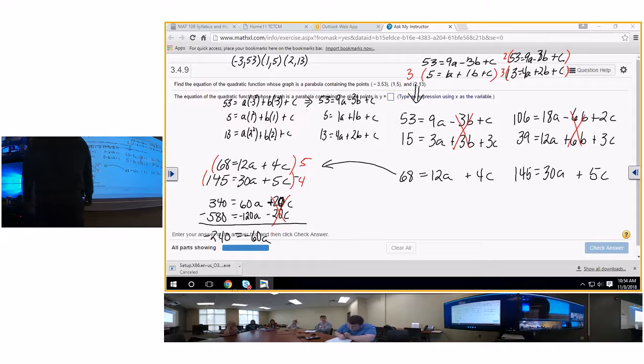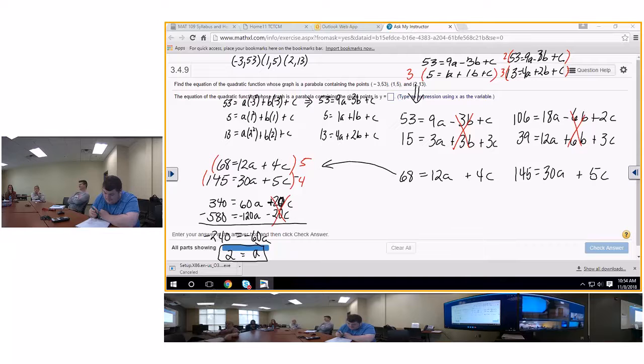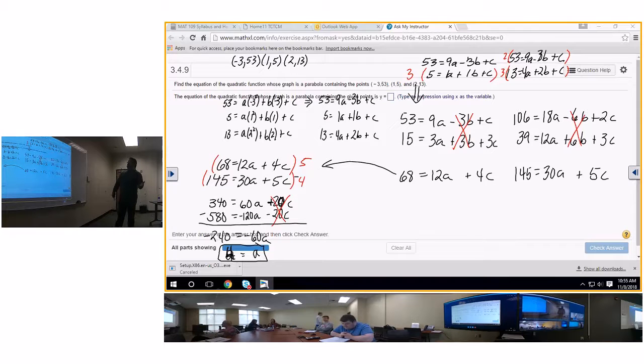And that's going to be A is equal to 2, and you're going to come out with the same thing. It's 4, not 2. It's 4, sorry. Okay, thank you. Now you can back substitute that into one of these.